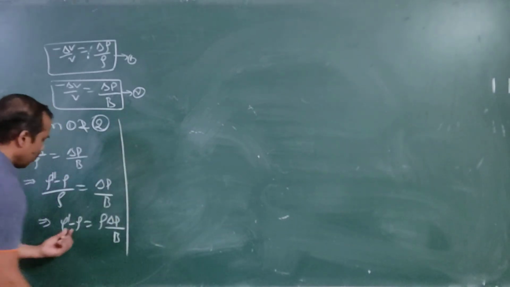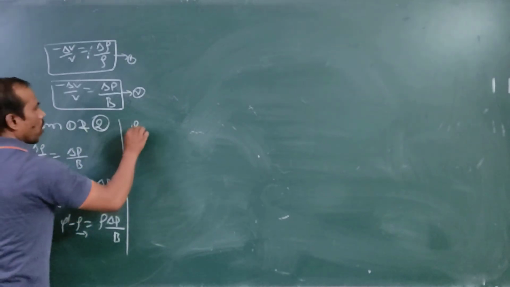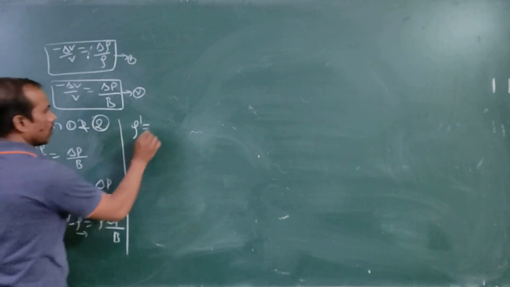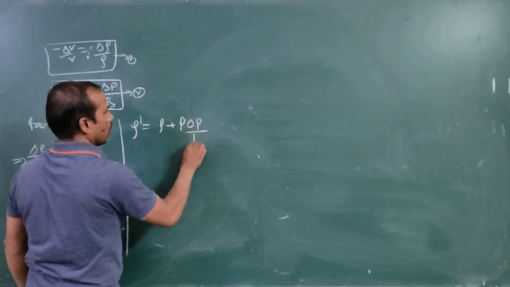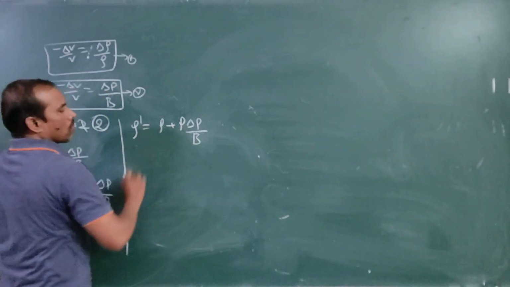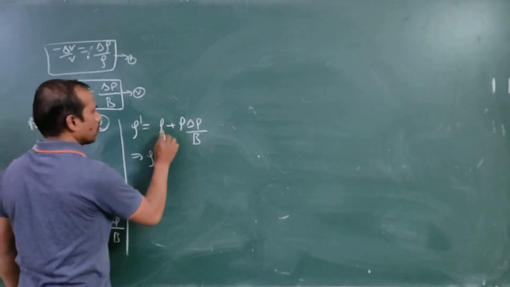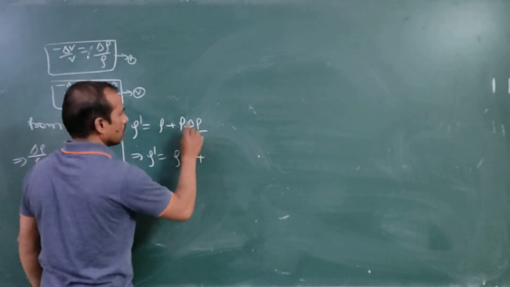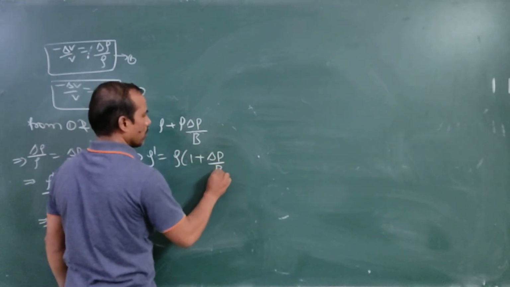Taking rho to the right side, rho prime is equal to rho plus rho delta P by B. Here rho is a common term, so rho prime is equal to rho into 1 plus delta P by B.